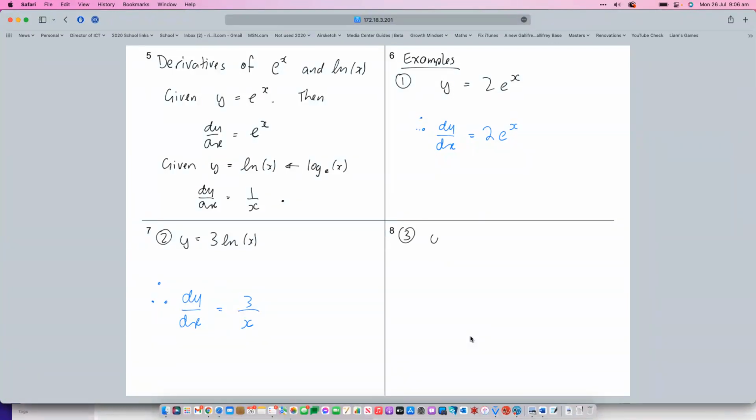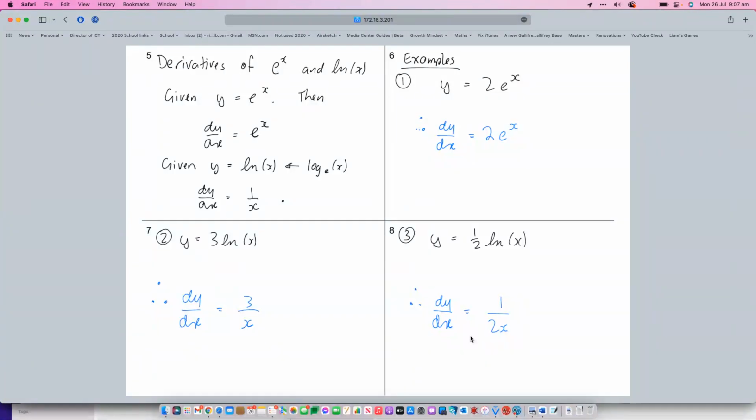Told you I'll be quick. y equals a half ln x. Therefore, dy by dx is equal to 1 on 2x. It would be a half times 1 on x, which is 1 times 1 is 1 on top, 2 times x is 2x on the bottom. Is that okay?